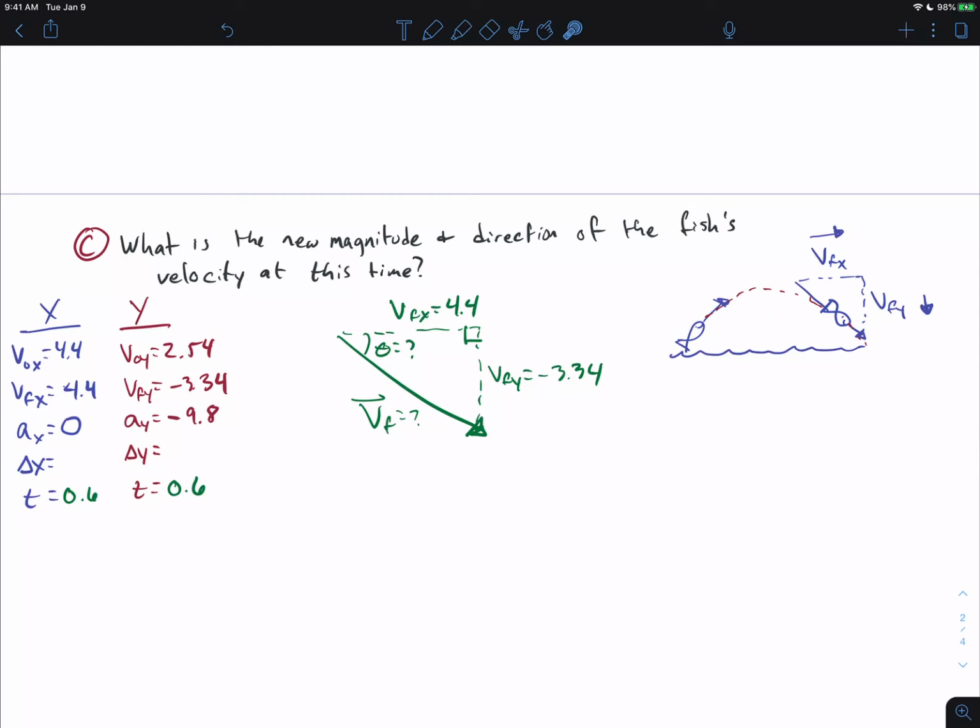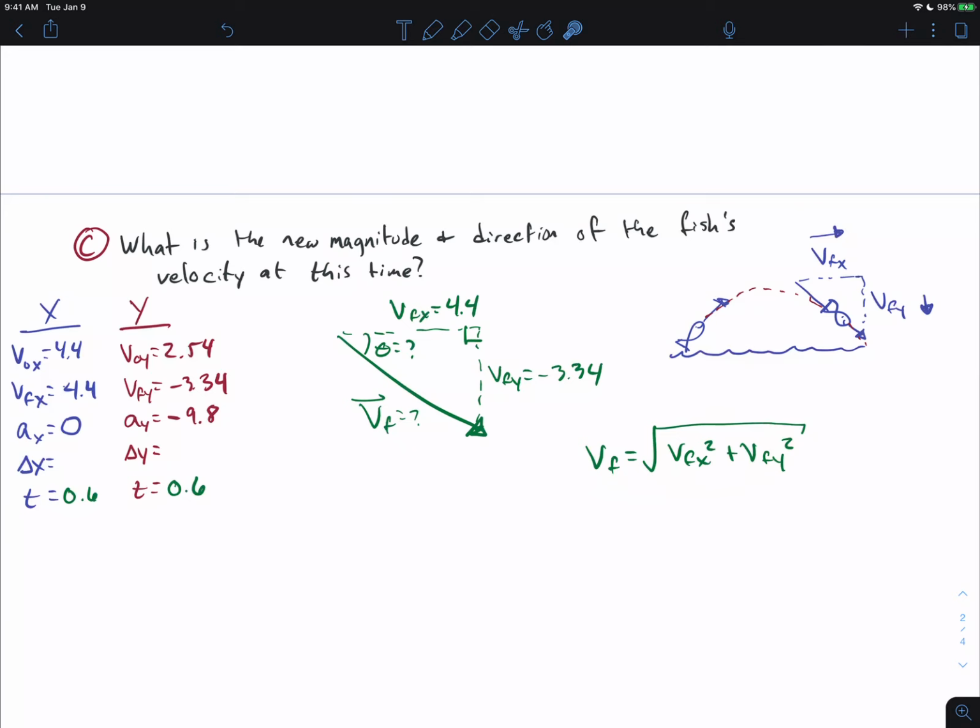So to do this, just like we did in our previous example here, we have our Pythagorean theorem that we can use. So we can do VF is equal to the square root of VFX squared plus VFY squared. I've skipped that little introductory step of the Pythagorean theorem. So if you're confused about me doing this, make sure you go back and review our previous work.